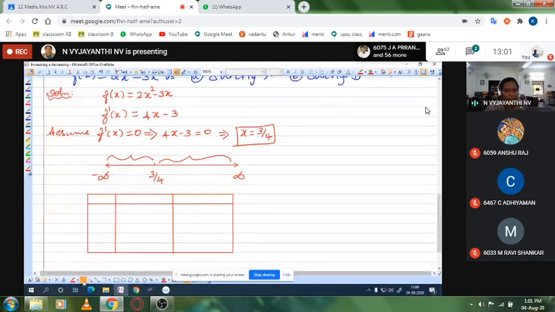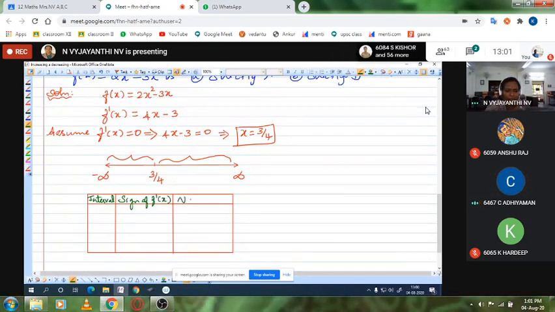Whenever a problem is asked in this way, you have to make this table. Understood? So interval, then sign of f dash of x, and here nature of function.